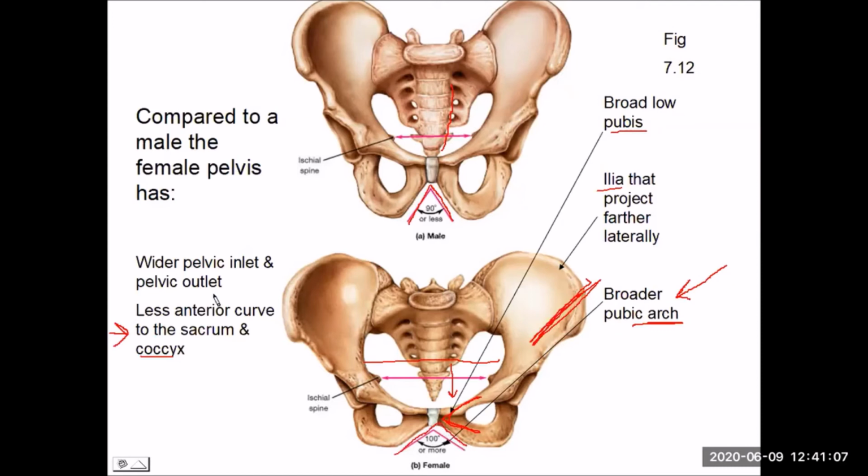And of course, all of these traits, with a wider pelvic inlet and outlet, less curvature to the coccyx and sacrum, the broader position of the pubis, the more laterally positioned ilia, and the broader angle, all allow for supporting the weight of a fetus, and then ultimately the delivery of a baby through the birth canal, with that wider, larger space for the ease of delivery.